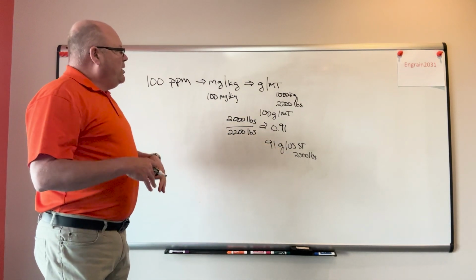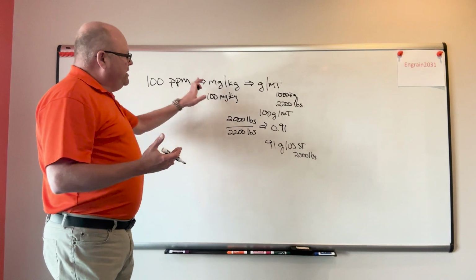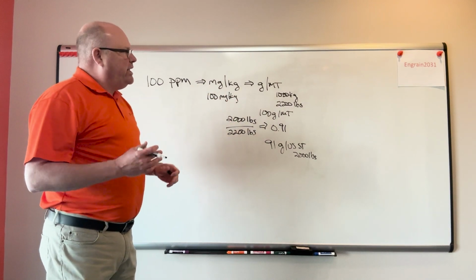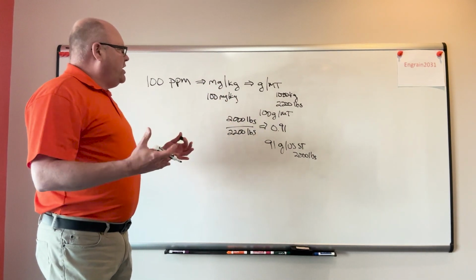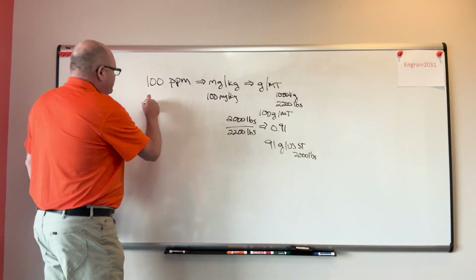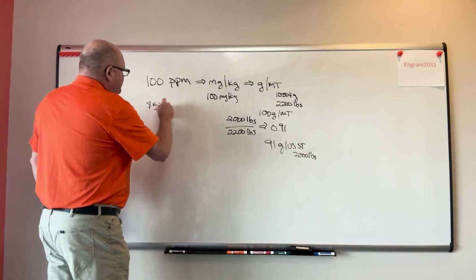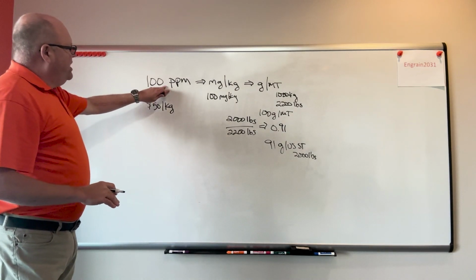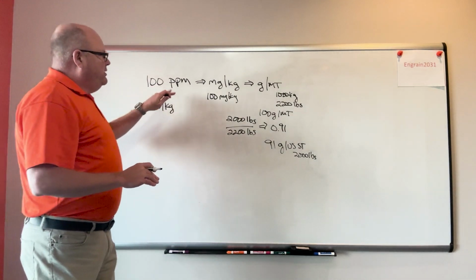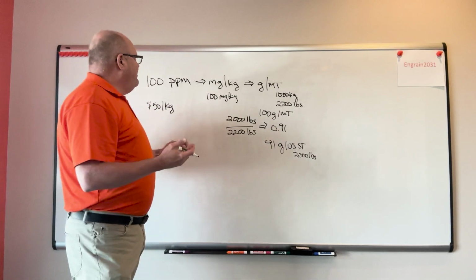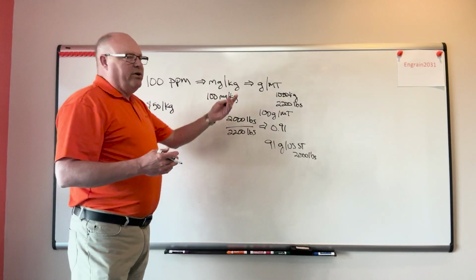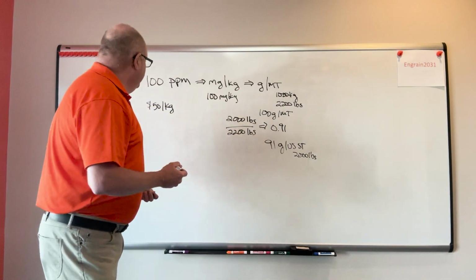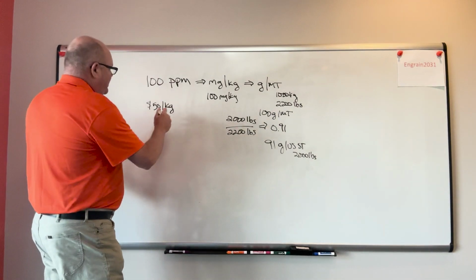So we might also want to use this math to understand how much this is going to cost. If I have an additive that's $50 a kg, and we're going to dose 100 parts per million, you probably want to know how much this is going to cost on a per ton basis of feed. So we can look at it in two ways.